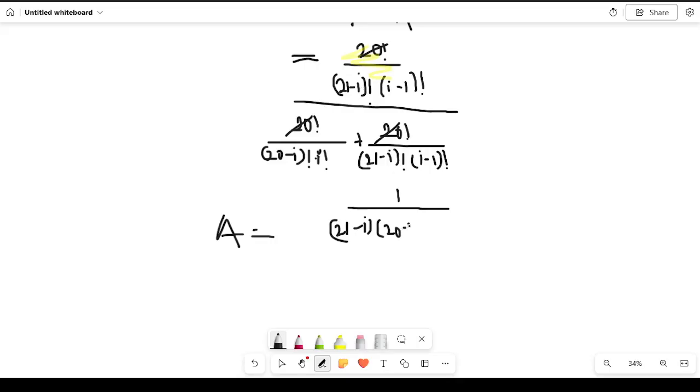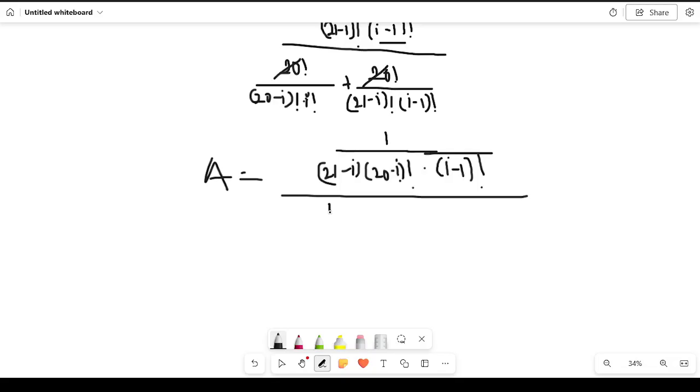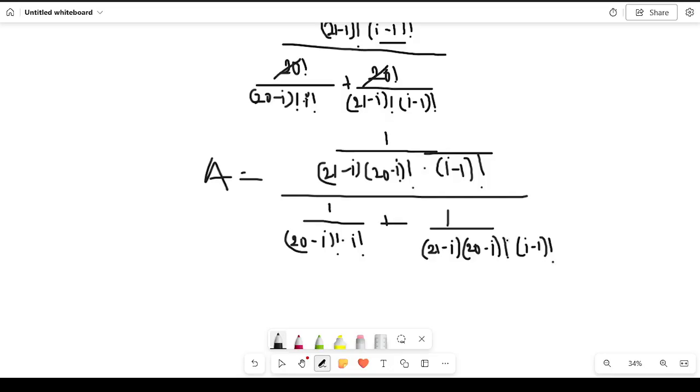So it is 1 upon (21 minus i) times (20 minus i) factorial times (i minus 1) factorial, upon 1 upon (20 minus i) factorial times i factorial, plus again the same term, 1 upon (21 minus i) times (20 minus i) factorial times (i minus 1) factorial.